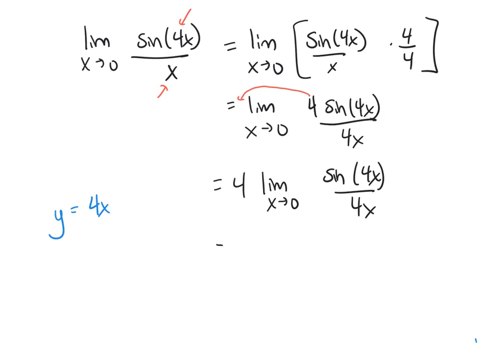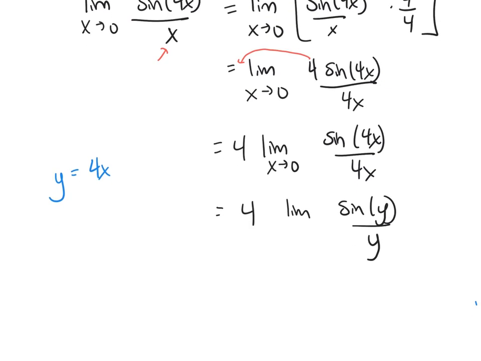Okay, so now I'm getting 4 times, and I'll fill in the limit in just a second, sine of y over y. Look at our limit before: x goes to 0. If x goes to 0, what happens to y? Well, y has to go to 0 as well.